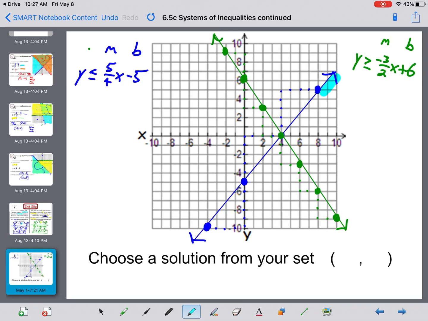And all we have to do is shade. Less than or equal to the blue means underneath, below. Greater than or equal to the green inequality means above.